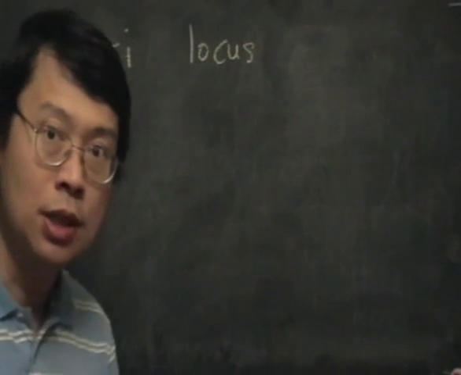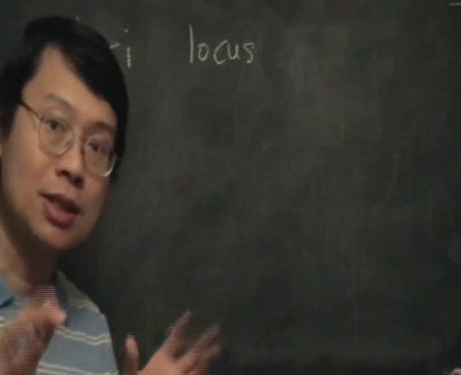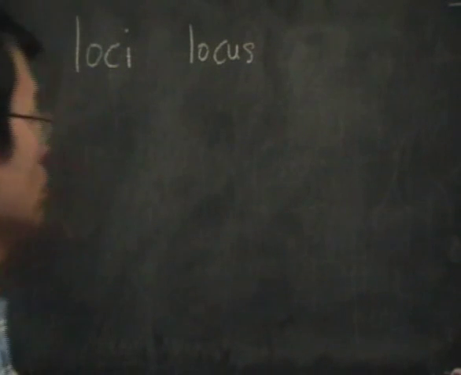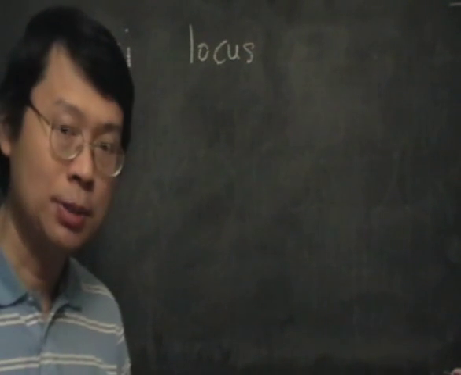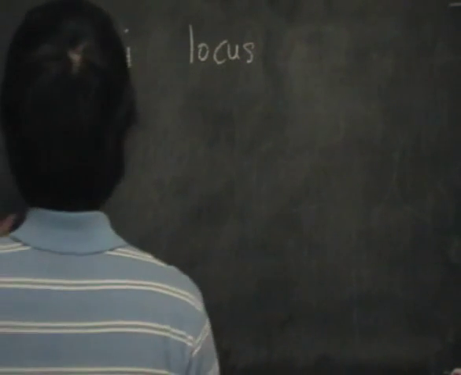A locus is a set of points that follows a certain rule. Just as a simple example, let me write this down.